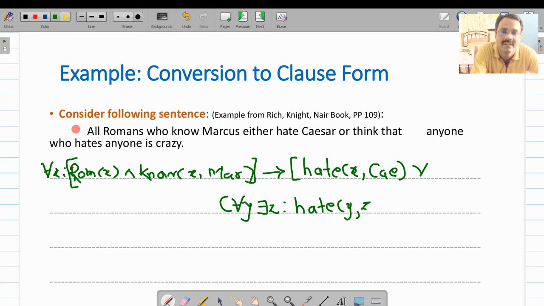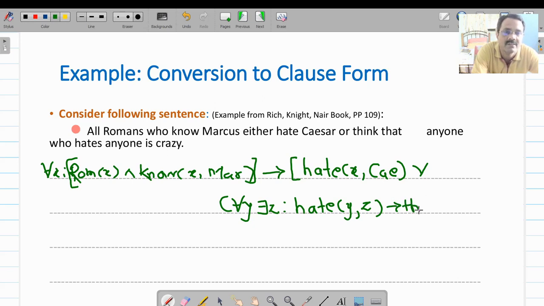Second one is specific, so existential, that is z, implies or think that anyone who hates anyone is crazy. Therefore, for all y there exists some z such that if y hates z, that implies x thinks that y is crazy.